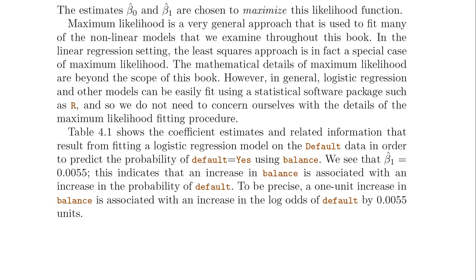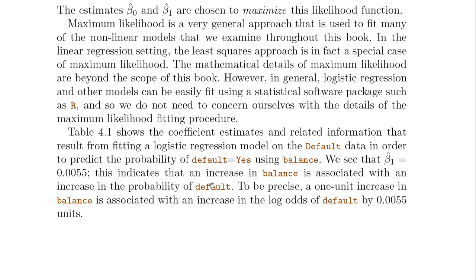We see that beta 1 hat is that value, and it's not zero. We're going to go back to the same themes that we had in chapter 3. Is this statistically significant? This indicates that an increase in balance is associated with an increase in probability of default.